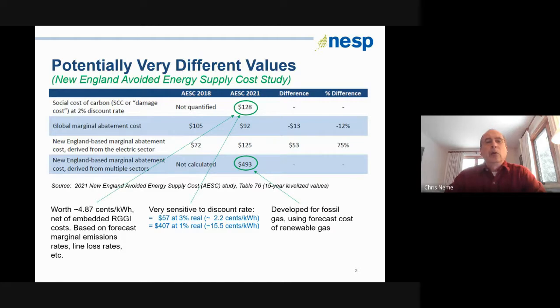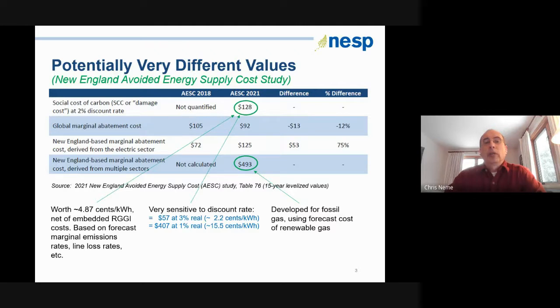Now down in the 2 rows at the bottom of the table, you see that there is an estimate of the marginal abatement cost. The $125 value is the marginal abatement cost estimated for the New England electric grid.